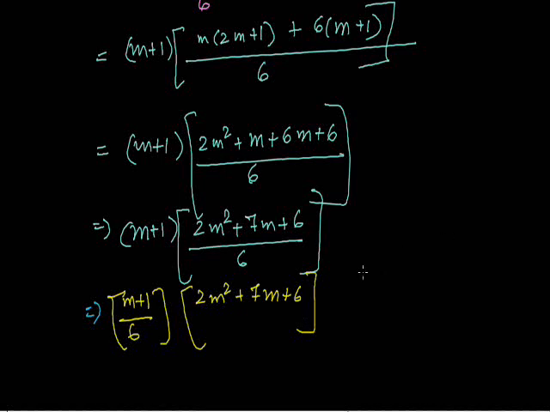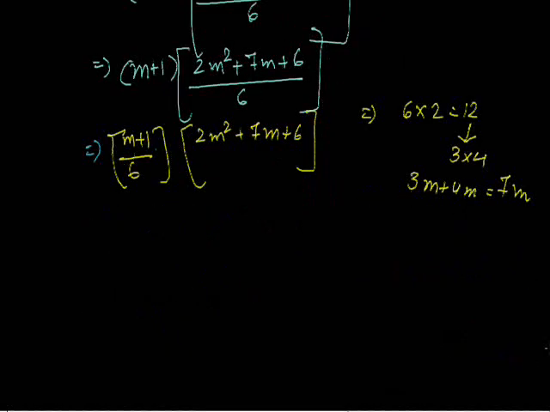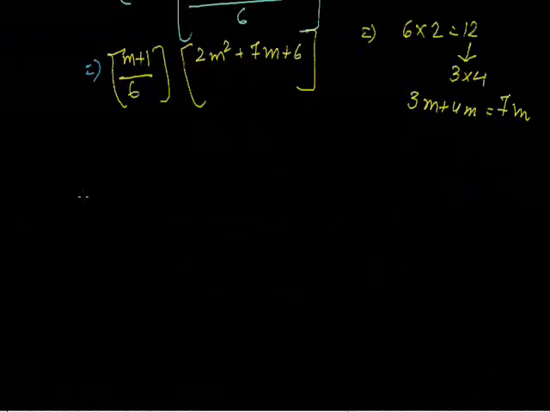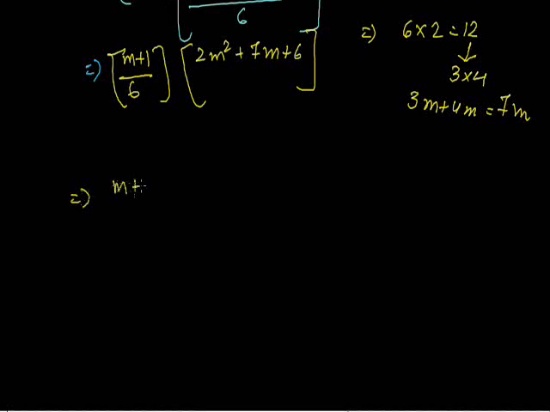If I further split it, 6 into 2 is 12, which can be split as 3 into 4, and we know that 3m plus 4m is equal to 7m. So by splitting the middle term, what we get next is m plus 1 by 6 into 2m square plus 4m plus 3m plus 6.